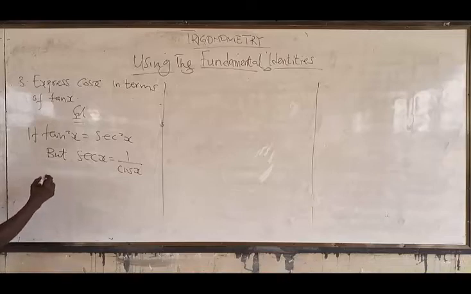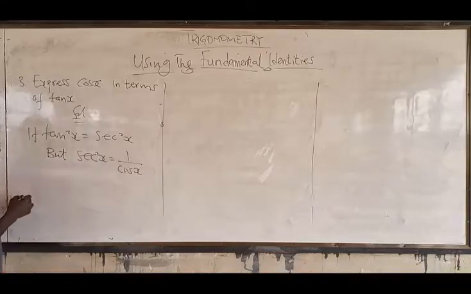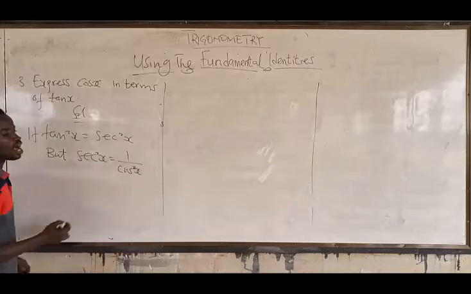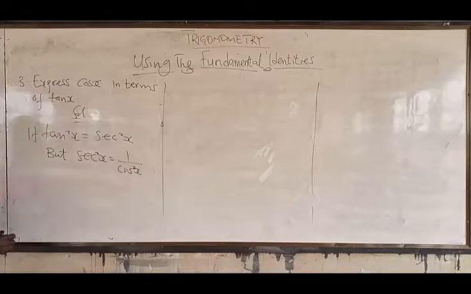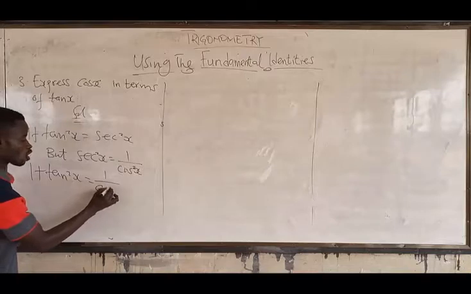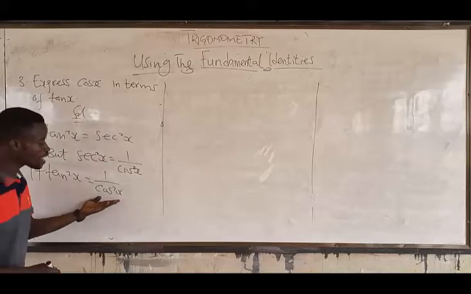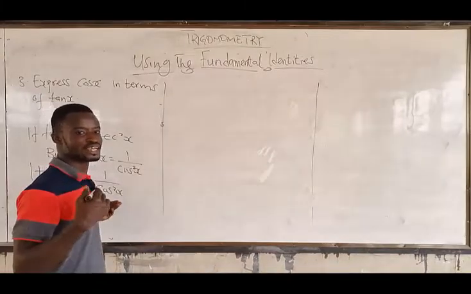Keep following. Sec square x is the same as 1 over cos square x. So instead of writing sec square, we write 1 over cos square x. And that is correct. So we now go on to make cos the subject.